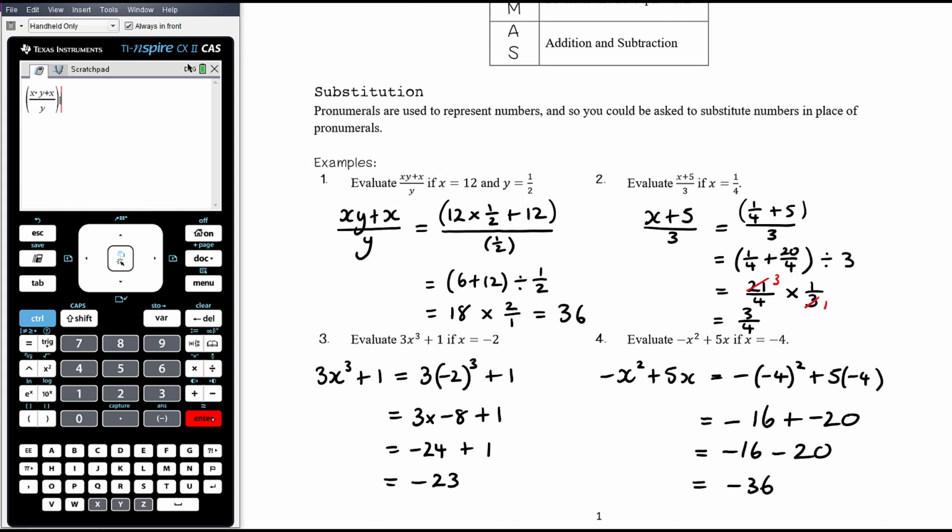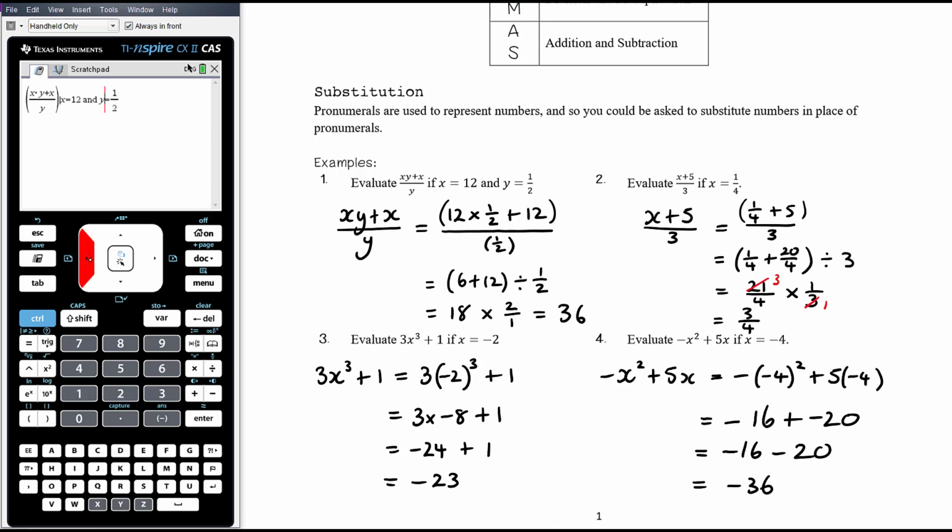So we want to evaluate this expression given that x is equal to 12, and we need to actually type the word and. We could do that manually by pressing space, typing and, and pressing space again. Then y equals a half, using control divide for the fraction template, 1/2.